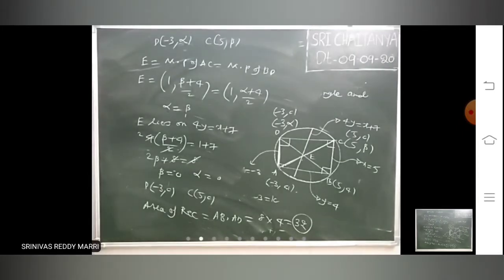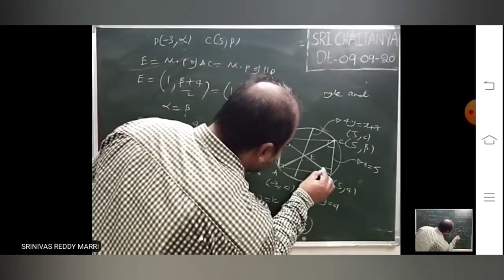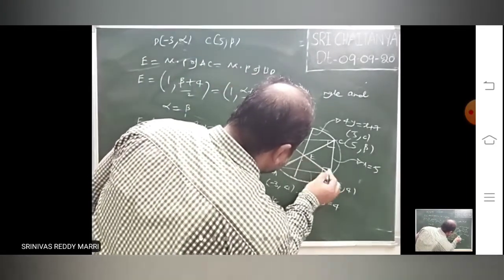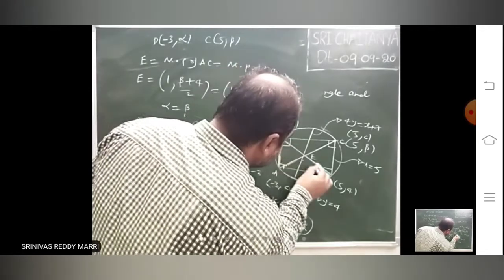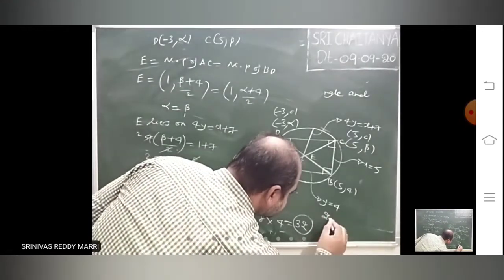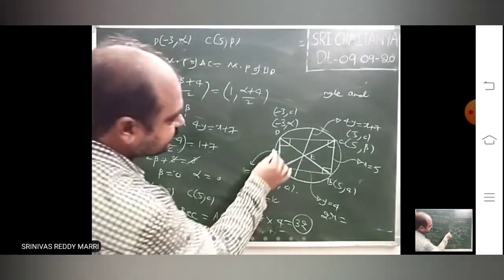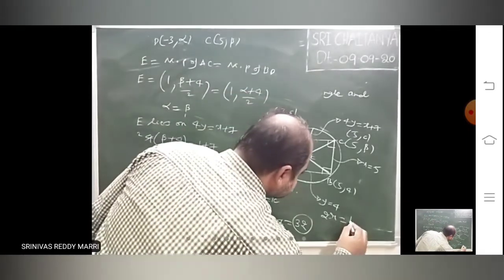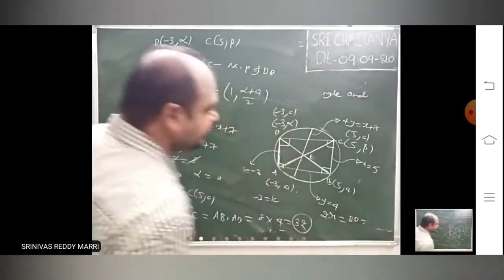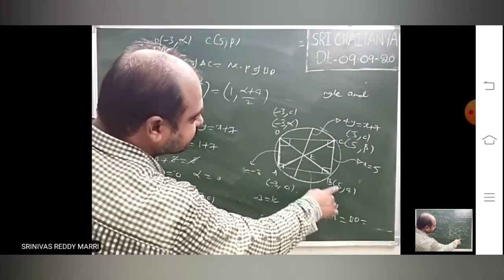Now he is asking what is the radius of the circle. Radius of circle means this is the diameter. This is the diameter because the angle in semicircle is right angle. Now 2r is nothing but BD distance. So that means what is the distance?